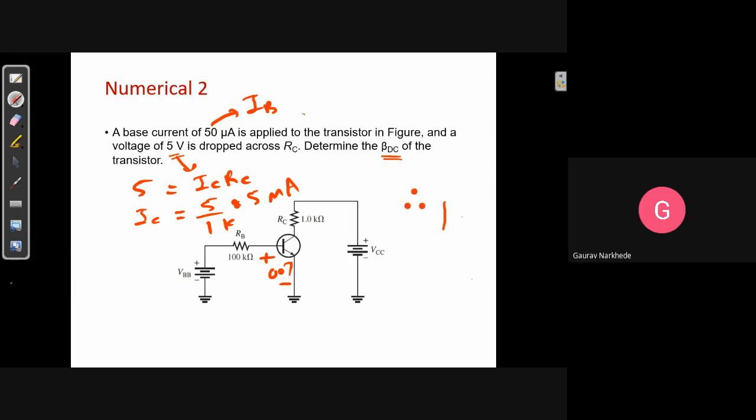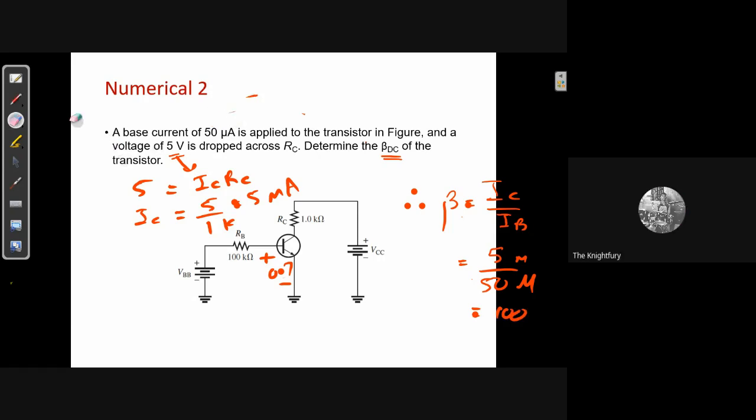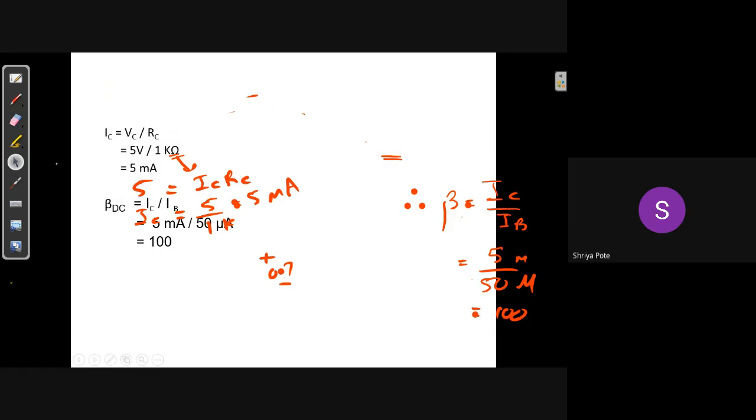So therefore, can you calculate beta? Beta is IC upon IB. So how much is beta? 5 milliampere divided by 50 microampere, so it will become 100. This is the simple solution. You can just see it out.